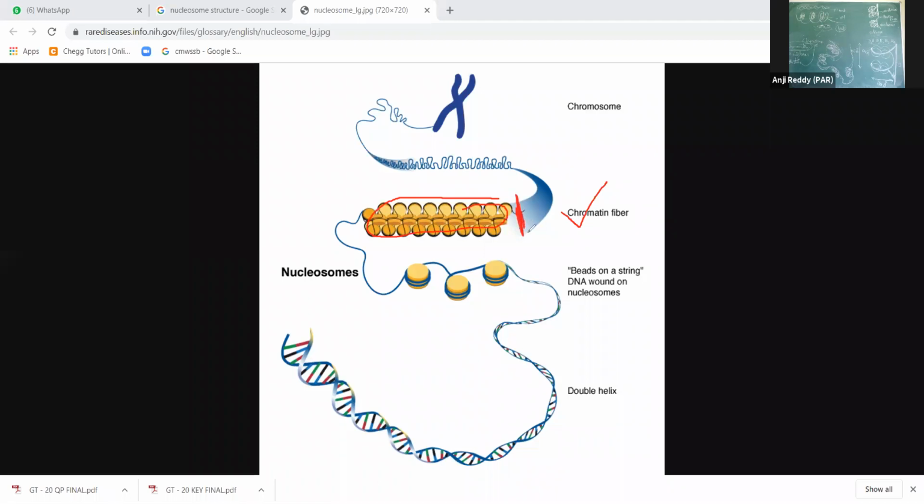For this diameter, they are folded. Upon folding, they condense together and there is formation of chromatin fiber. That chromatin fiber, see here, again it is folded like this. When again it is folded like this, finally there is formation of chromosome.